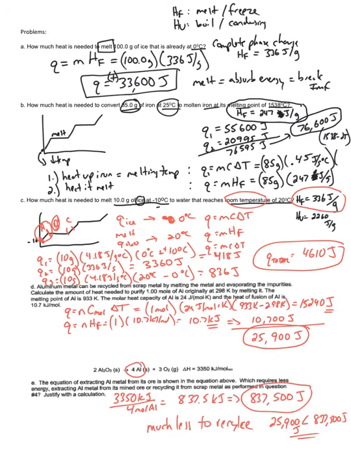Now, they threw you a little bit of a curveball, and I was trying to see if you could pick up on it because, again, students really struggle with units. They gave me these quantities in moles instead of mass, in both the specific heat and the heat of fusion.